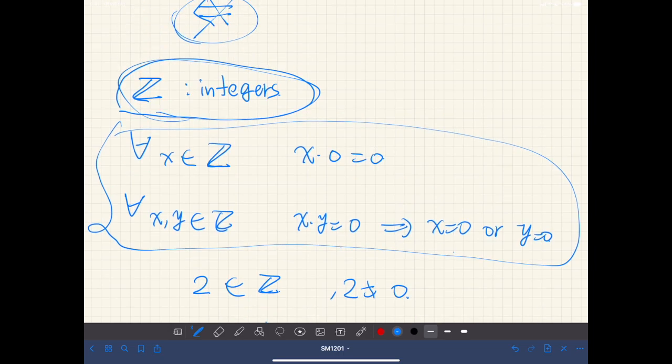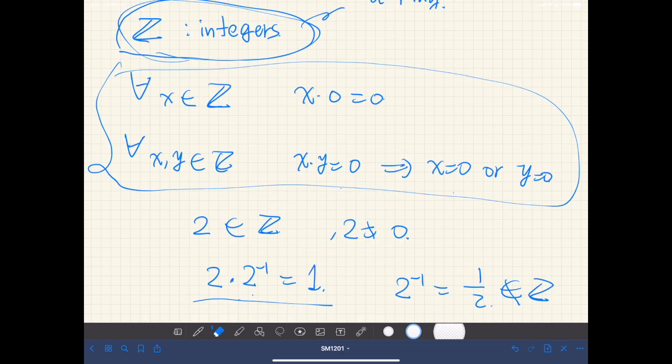So if it's not a field, then what is it? Actually, it is called a ring. By the way, a ring is a set equipped with addition and multiplication, but it doesn't have to satisfy the axiom of the existence of multiplicative inverse. So such a set is called a ring.